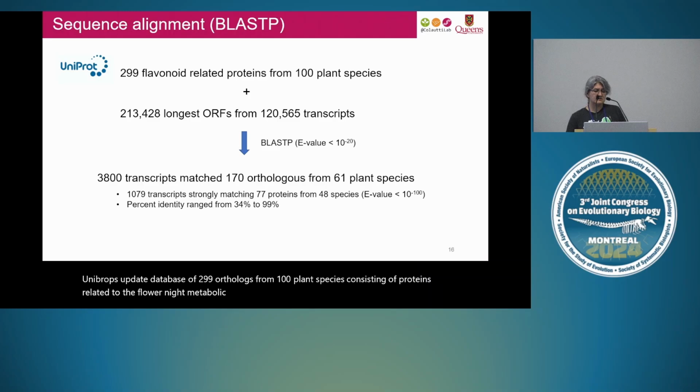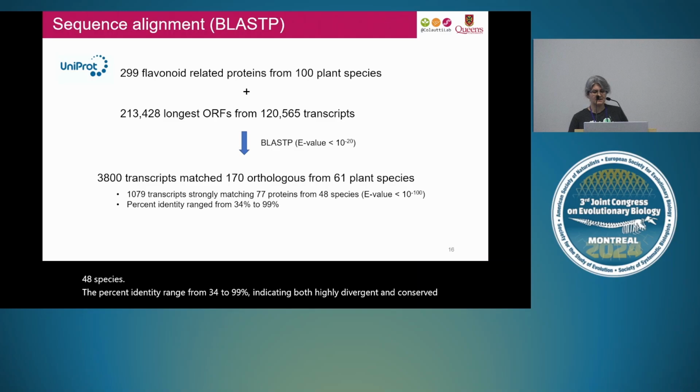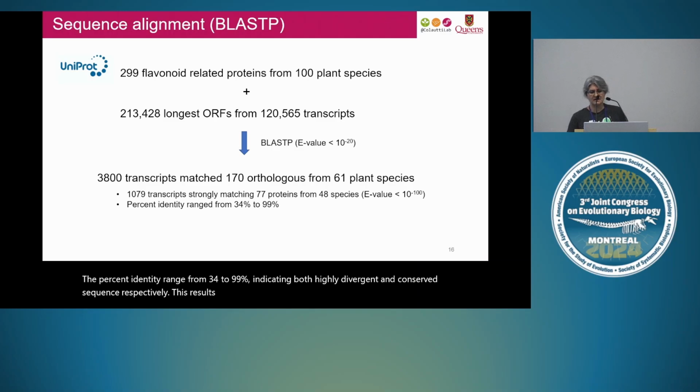Over 3,800 unique transcripts significantly match 170 orthologs from 61 species, with 1,079 transcripts strongly matching 77 proteins from 48 species. The percent identity ranged from 34 to 99%, indicating both highly divergent and conserved sequence, respectively. These results indicate that there may be a high diversity coming from standing genetic variation.